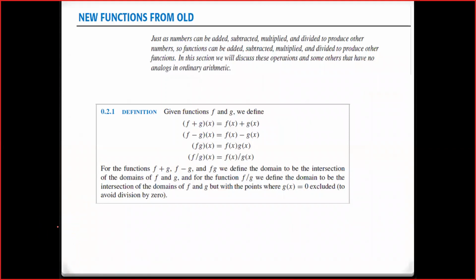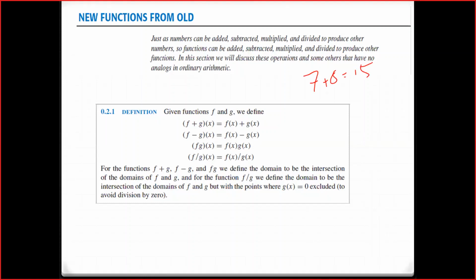Now, let's start with new functions from old. As you know from before, maybe in grade 7 or 8, if we have two functions, I can add them, subtract them, or multiply them like any two numbers. You said before that 7 plus 8 equals 15, as an example.